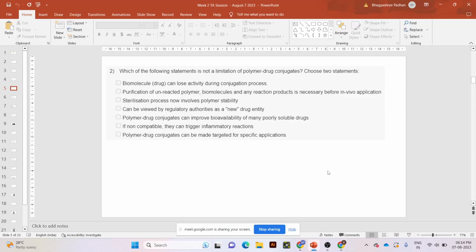Bioavailability can be improved, and it can be made targeted for specific application. Okay. Yes, anyone else?